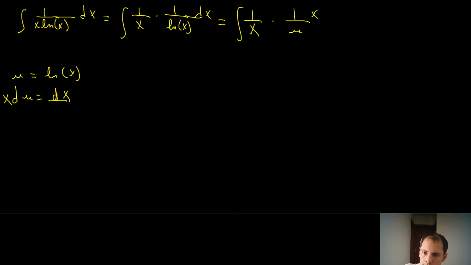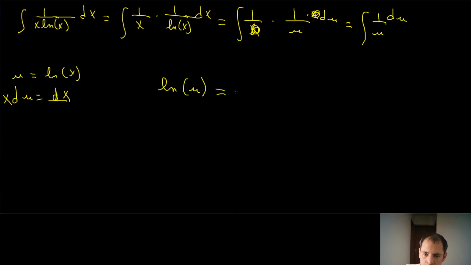So this x is going to simplify with this one. And what do you have? You have the integral of 1 over u du. This is going to be ln of u, right? But what is u?